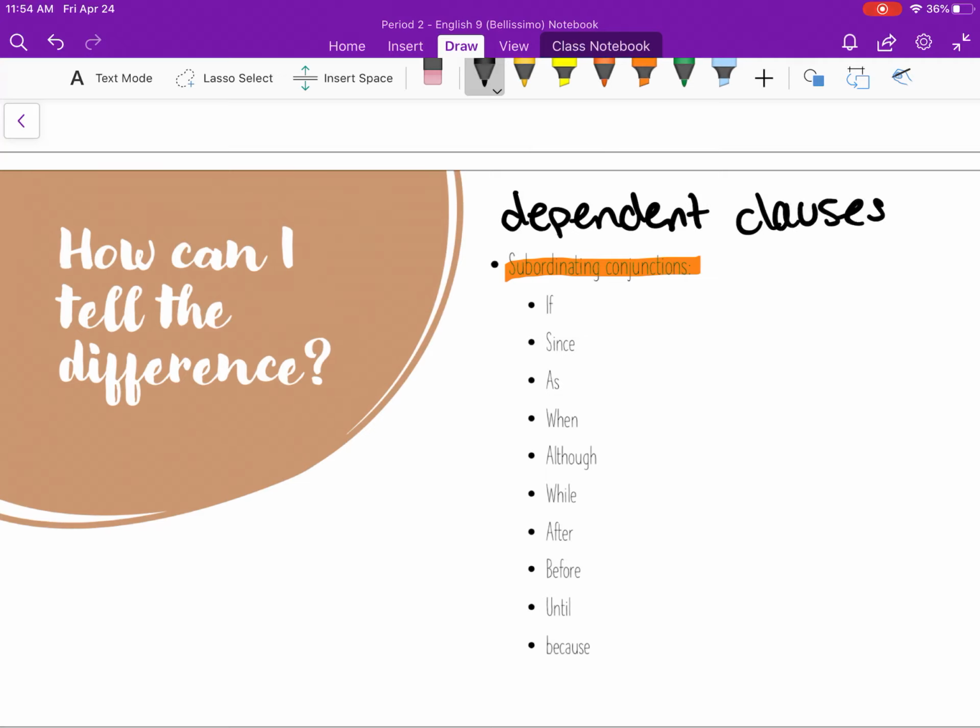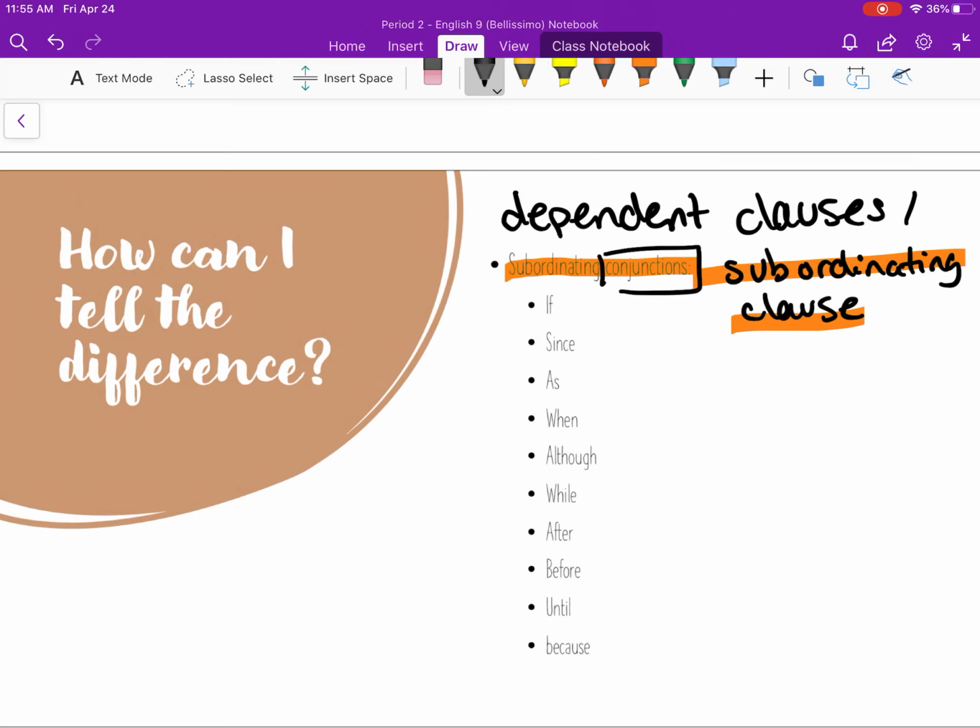We also had another name for them, subordinating clause.